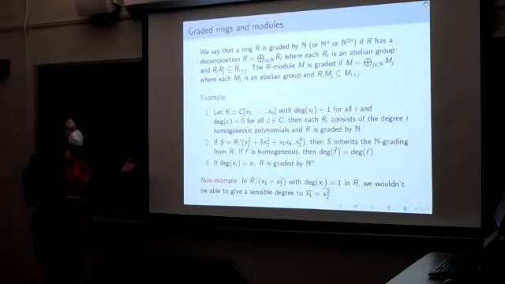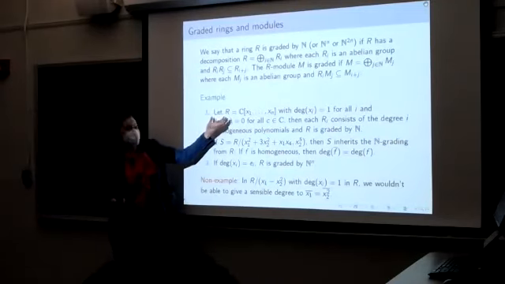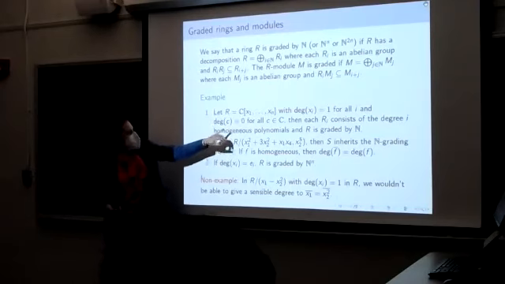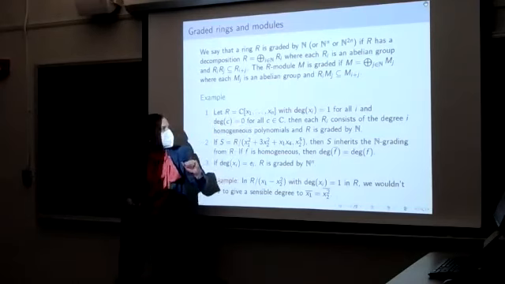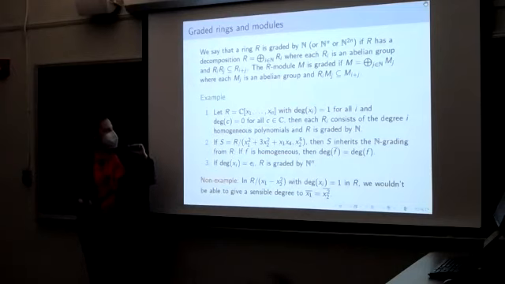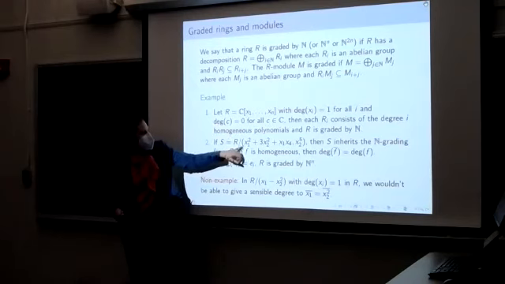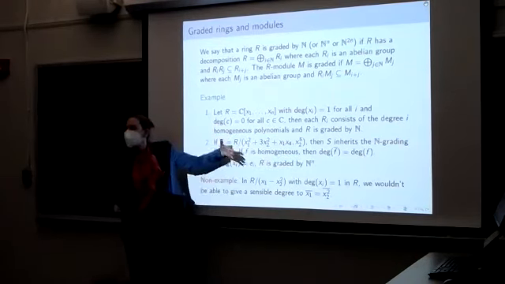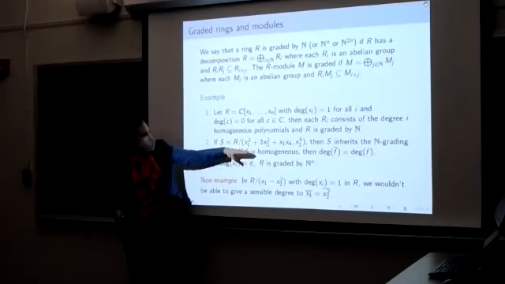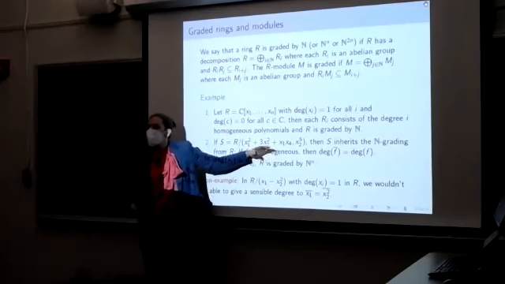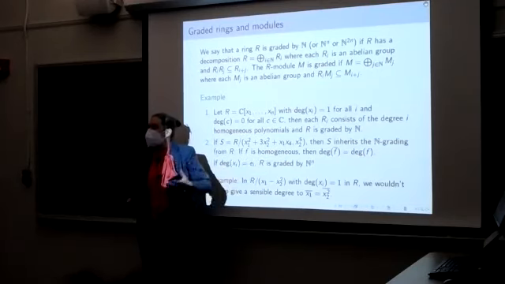Some examples of graded rings are the standard graded polynomial ring over C, which means just the polynomial ring over C where every x_i has degree 1. From this setup we can go to quotient rings that are also graded. One way is to take R and quotient by a homogeneous ideal. A homogeneous ideal has a generating set where each polynomial has a well-defined degree.